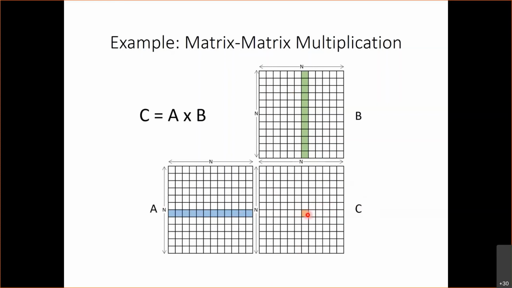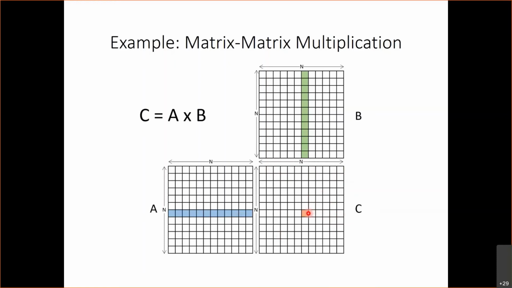For example, every column of C is the first column of A times matrix B. Okay, so you want to assign a thread to every column in C. That's one way to do it. Can we extract even more parallelism than that? Well, each thread can be the cell output matrix. Right, exactly.